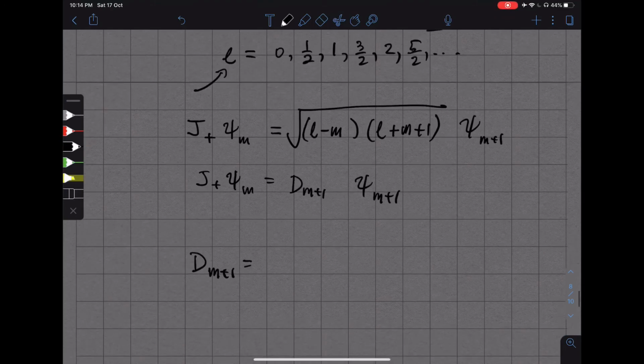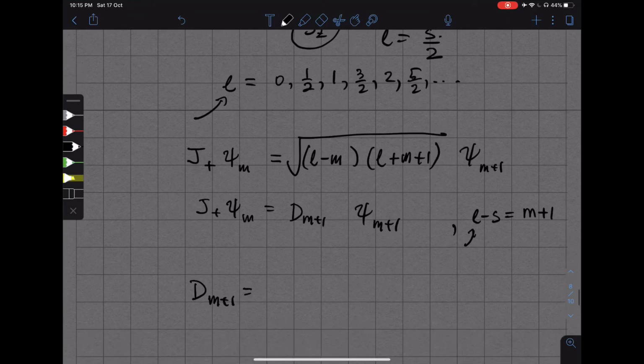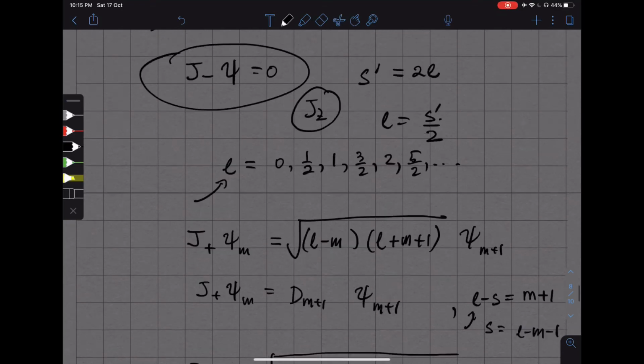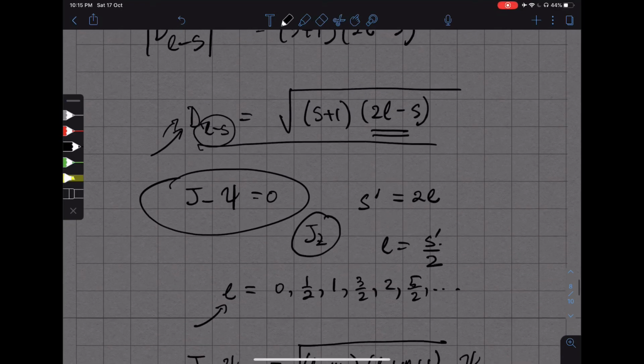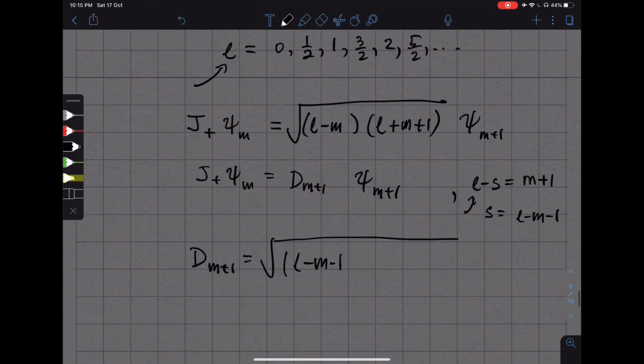So the way it's going to work is that we are going to have L minus S equals M plus 1. Of course, the value of L is fixed. So therefore, we can replace S by L minus M minus 1. So therefore, I'll have L minus M minus 1 plus 1.